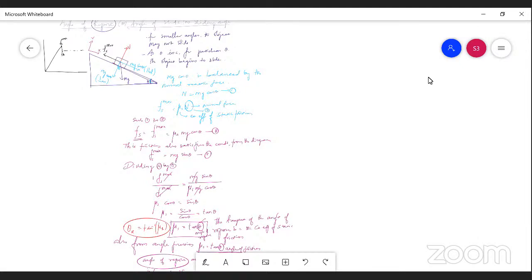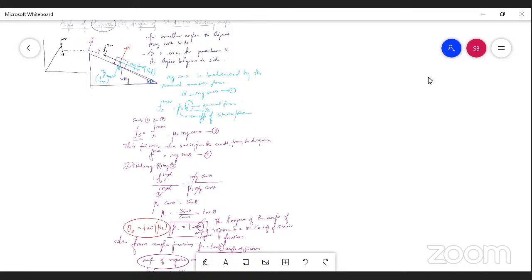For smaller angles, the object may not slide. As theta increases, for a particular value of angle theta, the object will begin to slide. Hence, this is called the angle of repose. Hence, we can define the angle made by the inclined surface with respect to the horizontal, such that the object placed over it begins to slide is called the angle of repose.